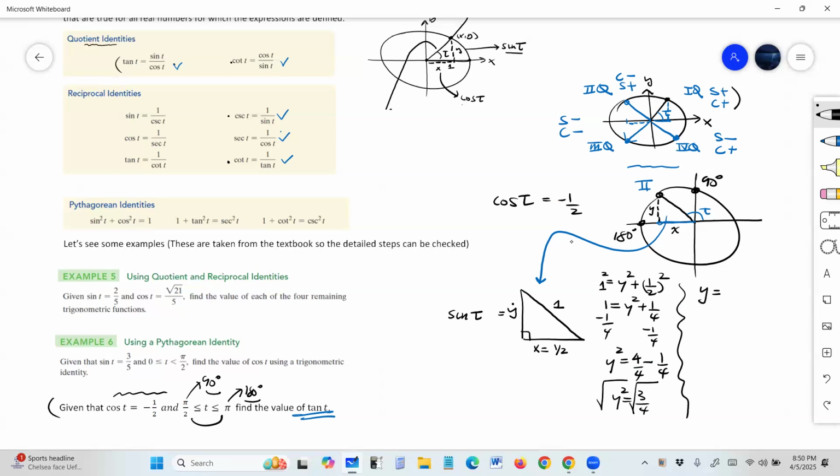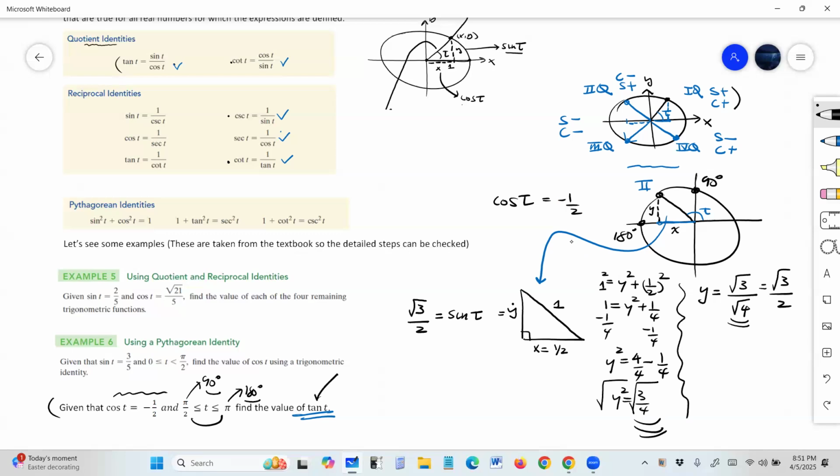On the right, I get radical 3 over 4, but I have to break it into two parts because I can simplify the radical. You cannot leave the answer this way. Okay, that's not allowed because you can simplify this radical. So this will be radical 3 over 2. So my y, or sine of t, is radical 3 over 2.